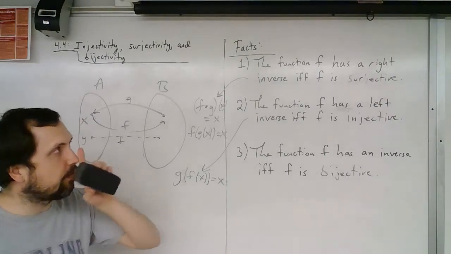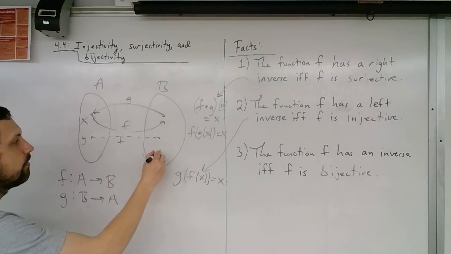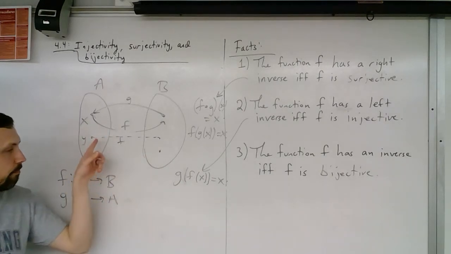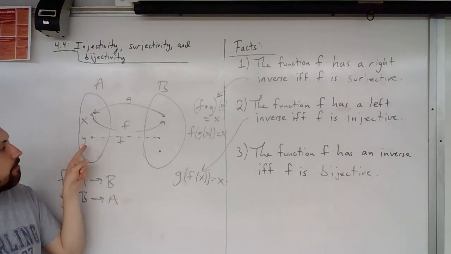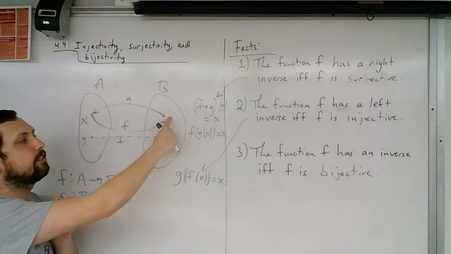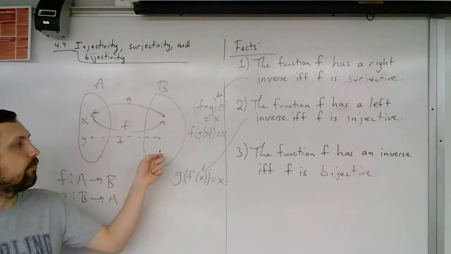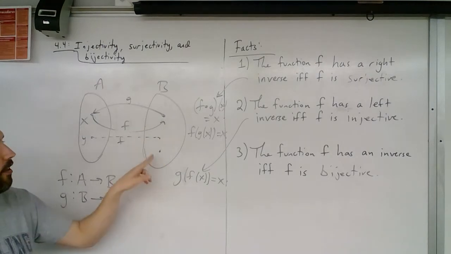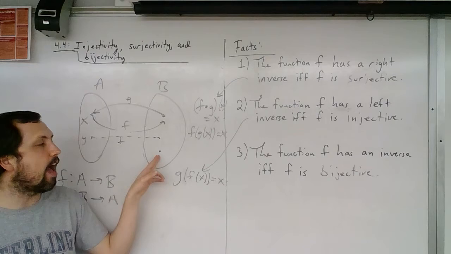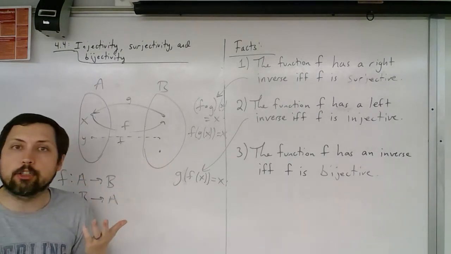But similarly, why does that fail with something not being surjective? Well, say this is our function. F takes the elements of A, everything over here, and maps it to something in B. But G needs to be a well-defined function, and if F is not surjective, then there's nothing that got mapped to this element down here from F. So when G is trying to figure out where this element goes, it doesn't go anywhere.